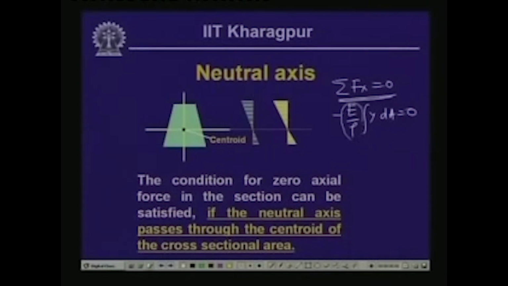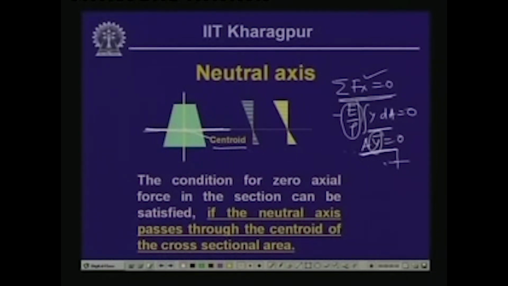Now, this being constant, let us call this A y bar equals 0. This indicates that if y bar, the distance of the centroid of the cross section with reference to the origin, is 0, then the summation of Fx will be 0. So, in effect it means that the z axis must pass through the centroid of the cross section.